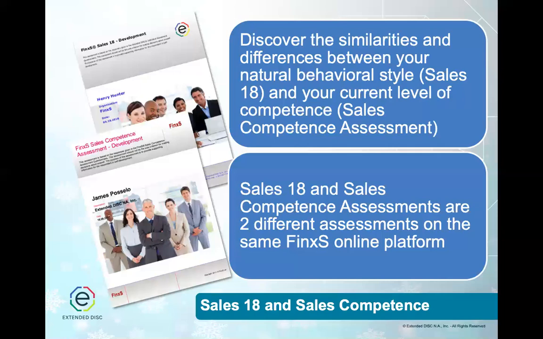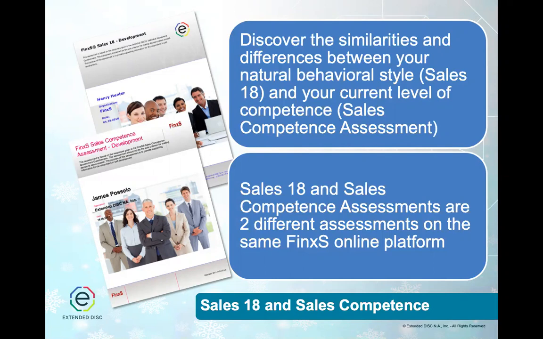Like I said, Sales 18 is based on the DISC questionnaire and DISC model. However, we made it very simple for our clients to use, so they don't have to know about DISC styles or profiles, but can look at those hardwired behaviors and see where the person is right now. The Sales Competence Assessment is not based on DISC. It's a completely different questionnaire.